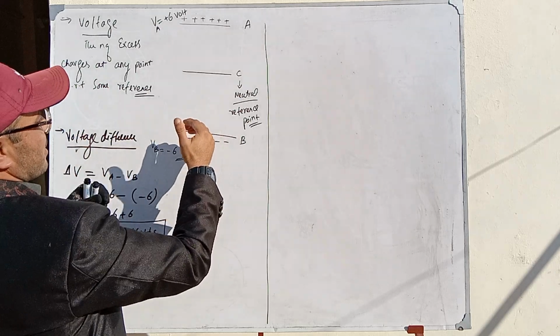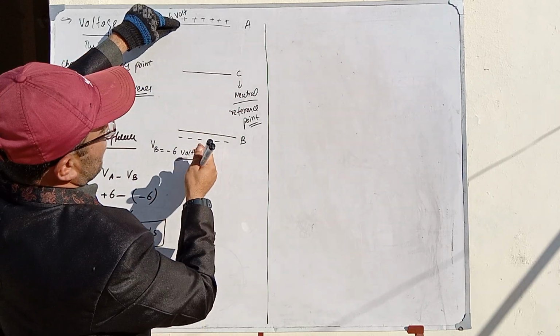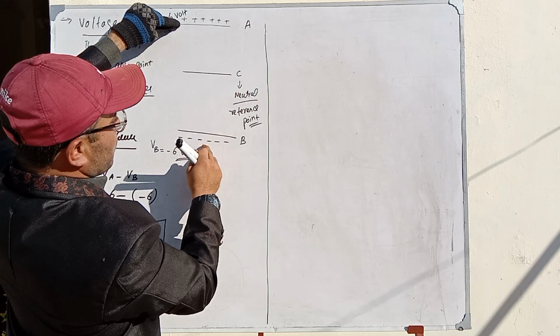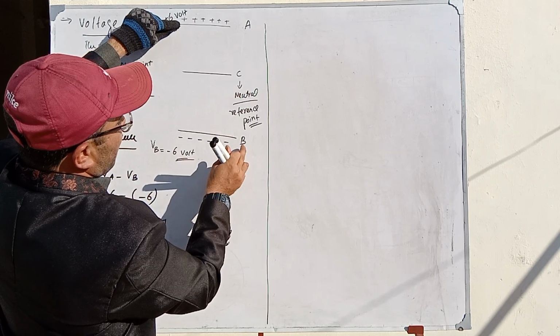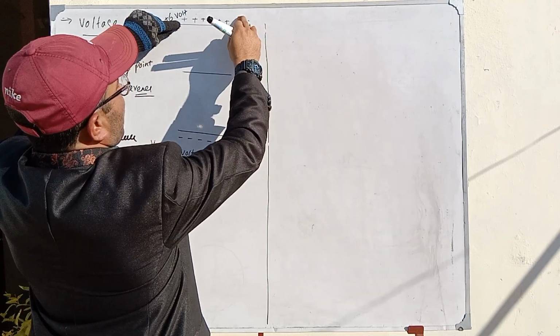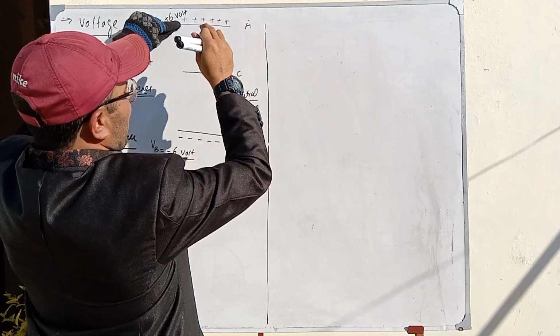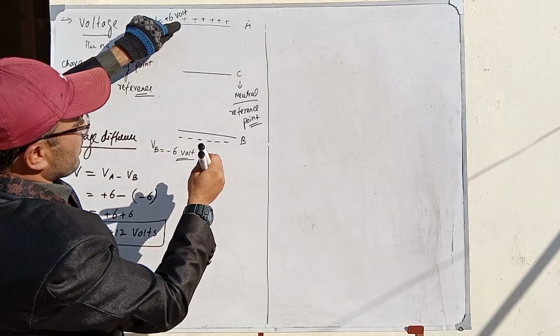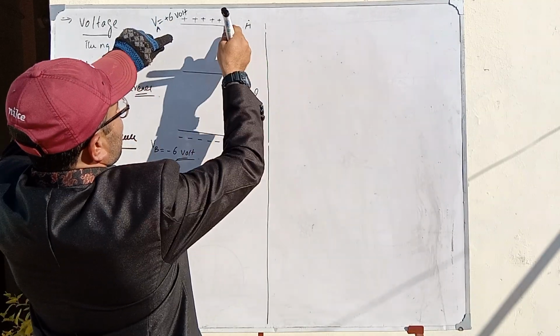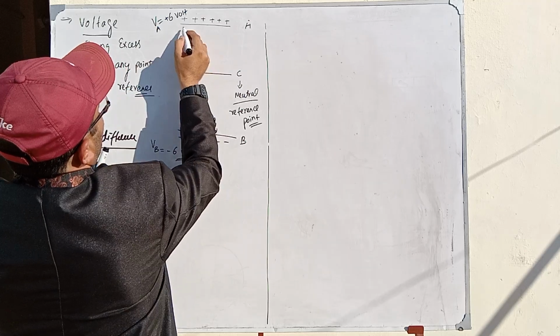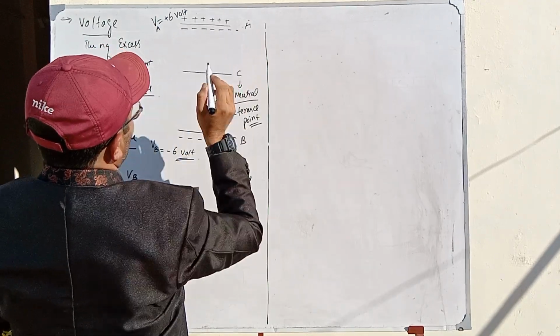How can I balance this plate as compared to point B? If I move 6 electrons from point B to point A, this will balance, but after that, when I move another 6 electrons from point B to point A, then here I will observe minus 6.